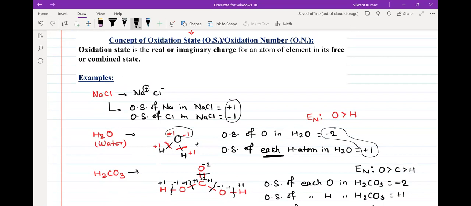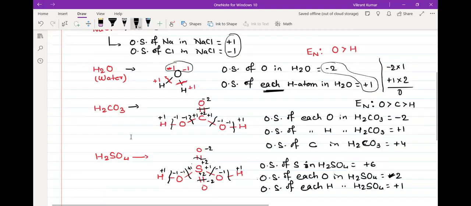Okay, but you have got two hydrogens. So if I add the total summation of the oxidation states of all the atoms, it is zero. If you add this, we are getting 0. Now in H2CO3, if I simply keep the total, we are not getting 0. But if I write -2 into 3 plus 1 into 2 and plus 4 into 1, we are going to get 0. Is it okay?